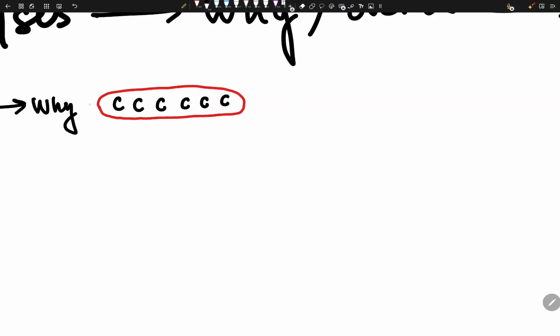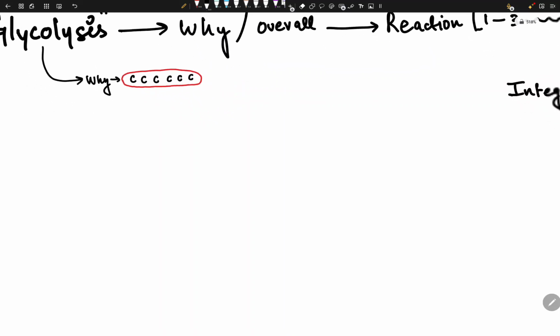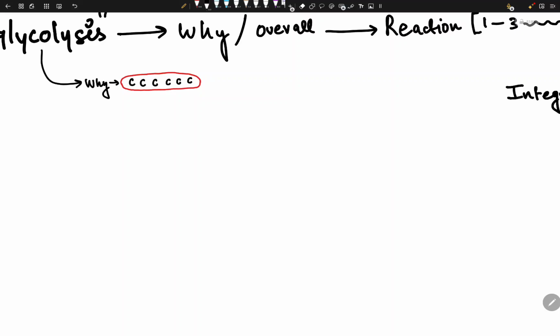Now you must think, why do we need enzymes? That's a good question. I'm not giving you any assumption. I'm giving you questions and then answering them. We have enzymes that break these bonds. Why can't glucose simply break down by itself?